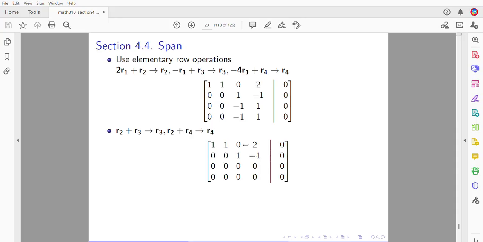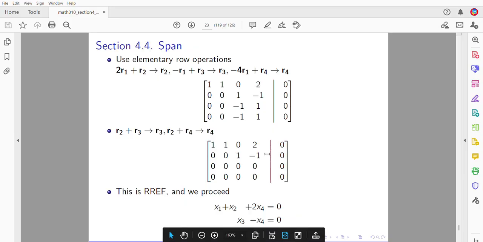That's a leading one and there is 0 above and below. That's a leading one and 0 below. This is not a leading one, so I am not required to get a 0 here. In fact, if I do, I will lose this 0. So this is not just a row echelon form, it is reduced row echelon form.